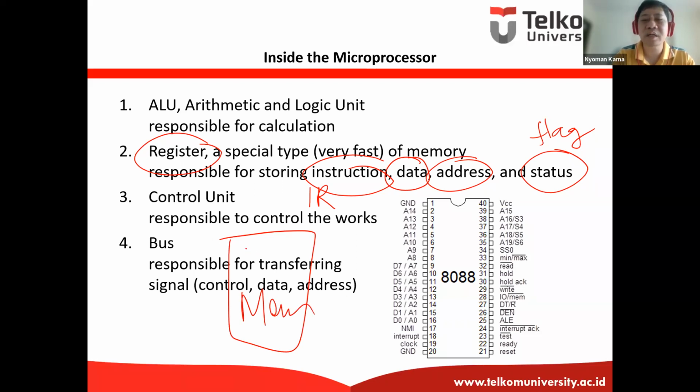So we can store lots of data inside the memory, and then retrieve the data one by one into the microprocessor to be calculated or processed further. For example, I want to calculate the average value of the data from this memory to this memory. So I retrieve one by one, calculate the sum, and then divide it by the number of data. So we can get the average.